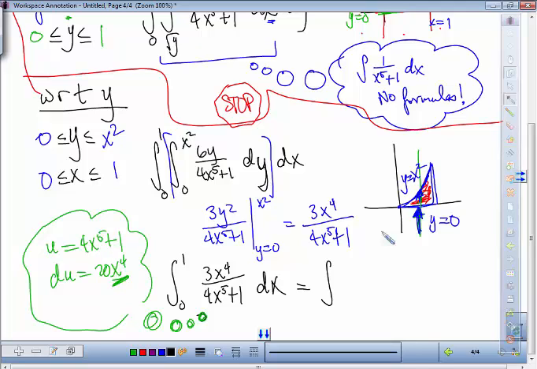You just... 0 to 1 would be easier. So we'll keep it as an x limit going from 0 to 1. And then now the U substitution, the 20x, 20 into 3. So is that 3 over 20 or something? I don't know. Is this right? Yeah.